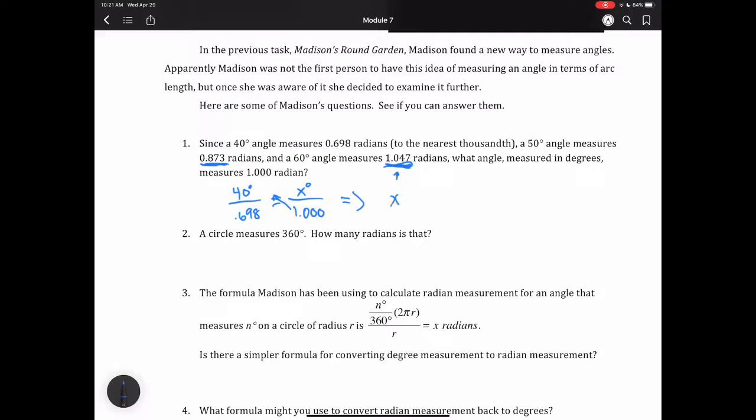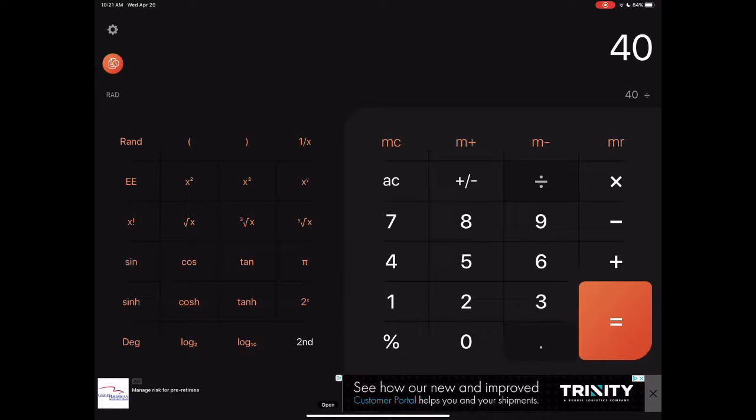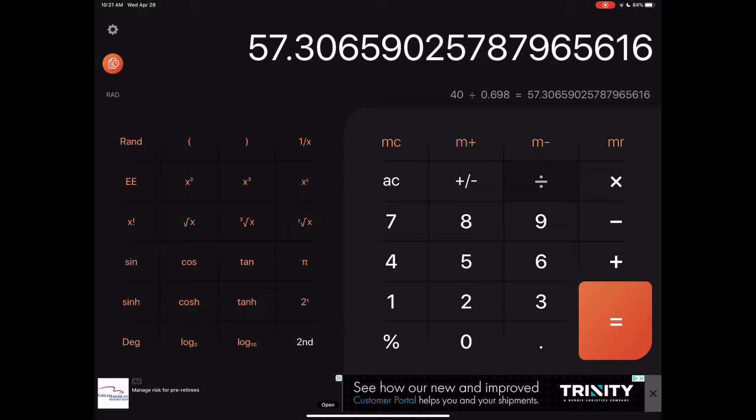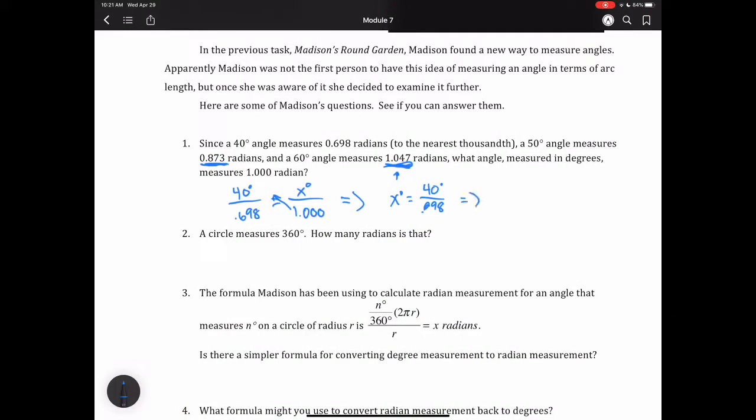So x degrees will be equal to 40 divided by 0.698. I'll plug that into my calculator, 40 divided by 0.698, and that gives me 57.3 degrees. Okay. So that angle measure is going to be 57.3 degrees, which makes sense, since it needs to be between 50 and 60, and closer to 60.